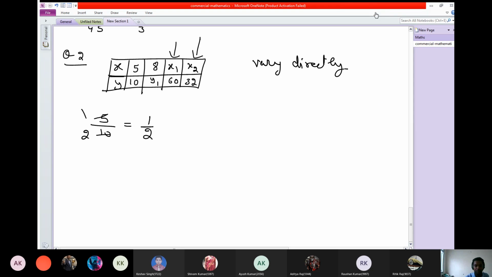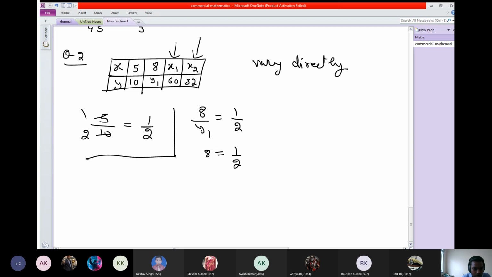What is the next point? Now we have to find the value. The ratio of all these is the same. Like 8 by y1 equal to 1 by 2. Ratio is again the same. Then solve it. How you solve it? 8 by y1 equal to 1 by 2. y1 goes to the other side and it will appear in multiplication.